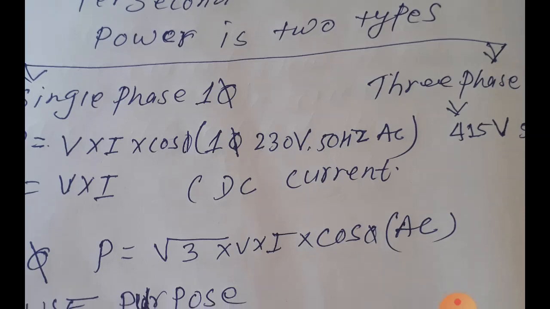So the three phase formula in AC is P = √3 × V × I × cosφ. Root 3 is always the same value, 1.732. V is 380 to 440, and I is the amperes, which you can find out.